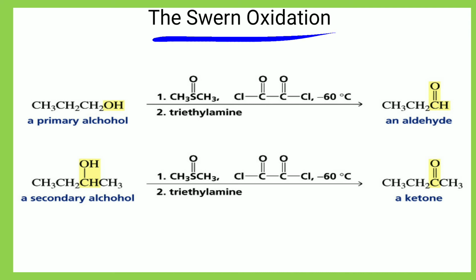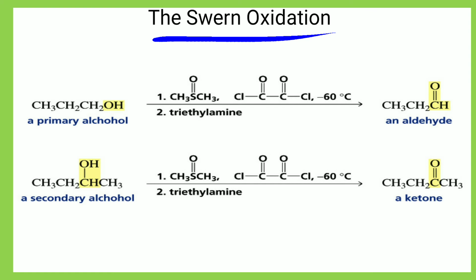Okay, in the Swern oxidation reaction, we use the oxidizing reagent CH3SOCH3, which is reacted with ClCOCOCl at minus 60 degrees Celsius.